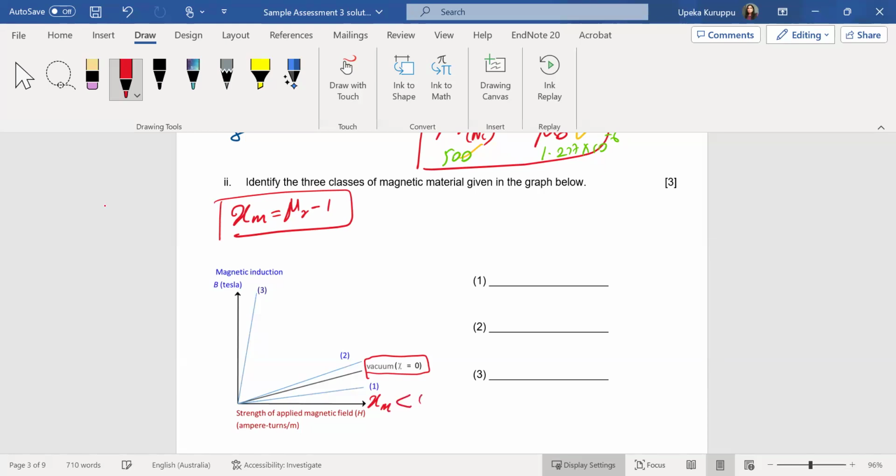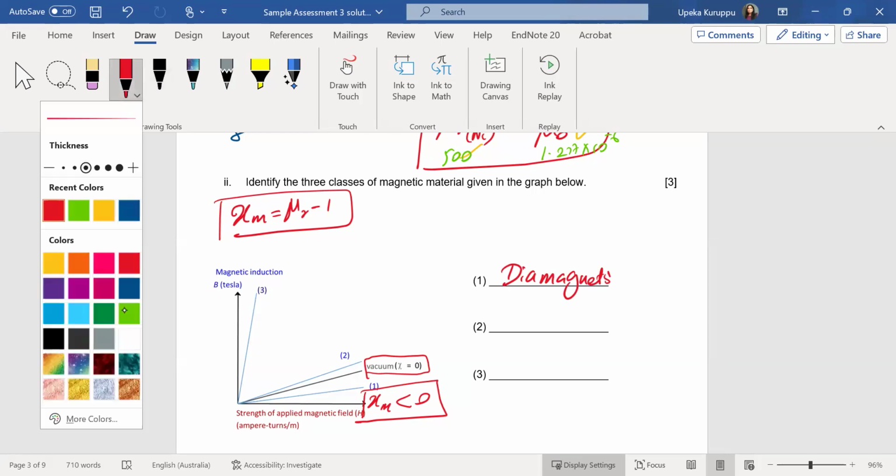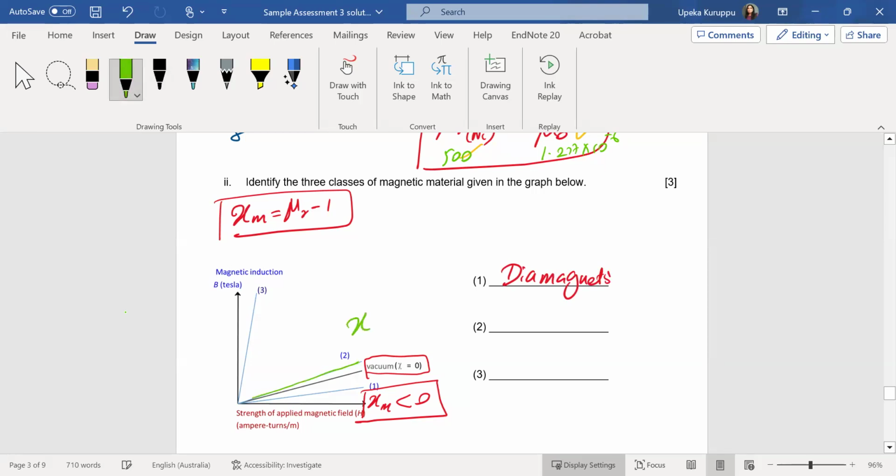So if your magnetic susceptibility is a negative value, what do we call that material? If it is negative, that means... What do we call that material? I'll ask two of you maybe. Diamagnets. So when the magnetic susceptibility is positive but a small value, maybe 10 to the negative 2, 10 to the negative 3, what do we call that?